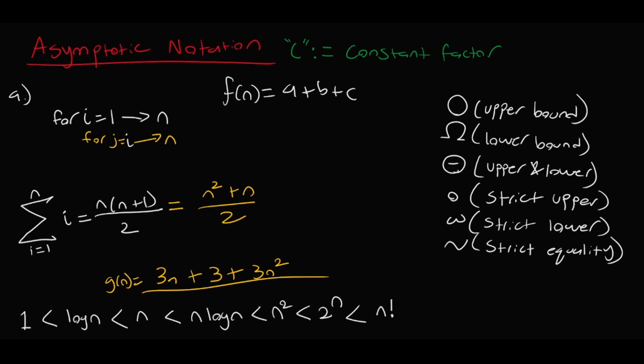Then that means that our big O is n squared, as we don't care about constant factors or these other parts. As we grow to infinity, we're upper bounded by n squared. That's as large as we're going to possibly get with our inputs.